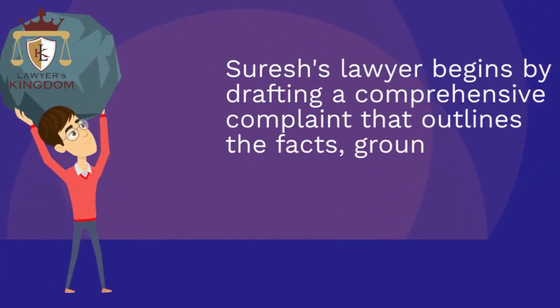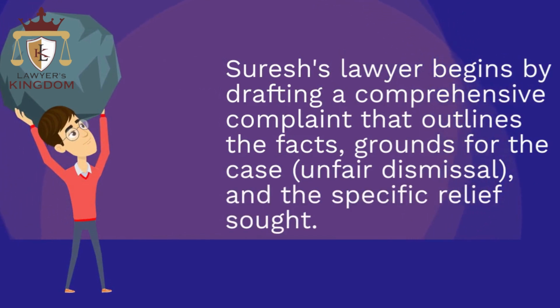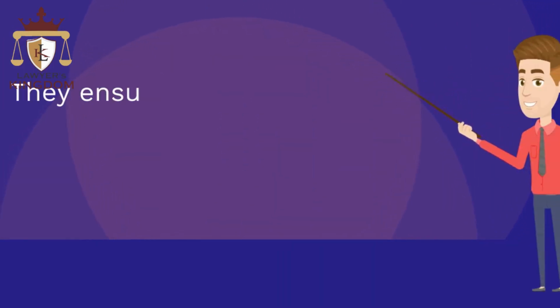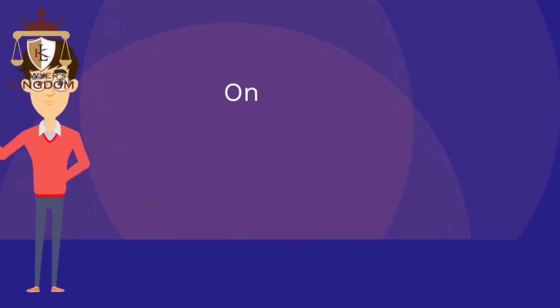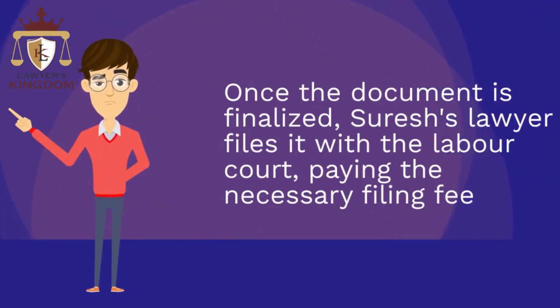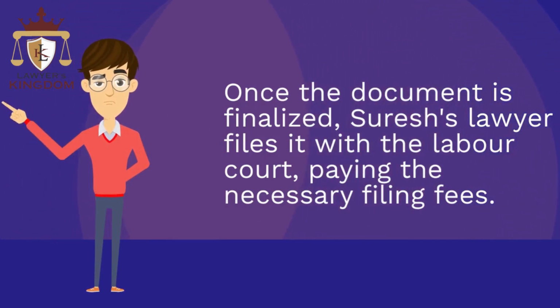Suresh's lawyer begins by drafting a comprehensive complaint that outlines the facts, grounds for the case, unfair dismissal, and the specific relief sought. They ensure that the complaint adheres to the format and requirements prescribed by the labor court. Once the document is finalized, Suresh's lawyer files it with the labor court, paying the necessary filing fees.